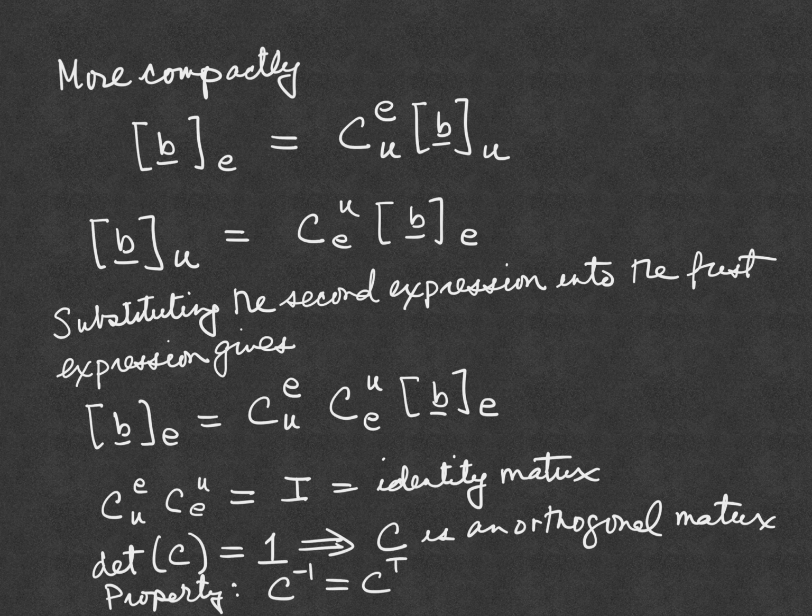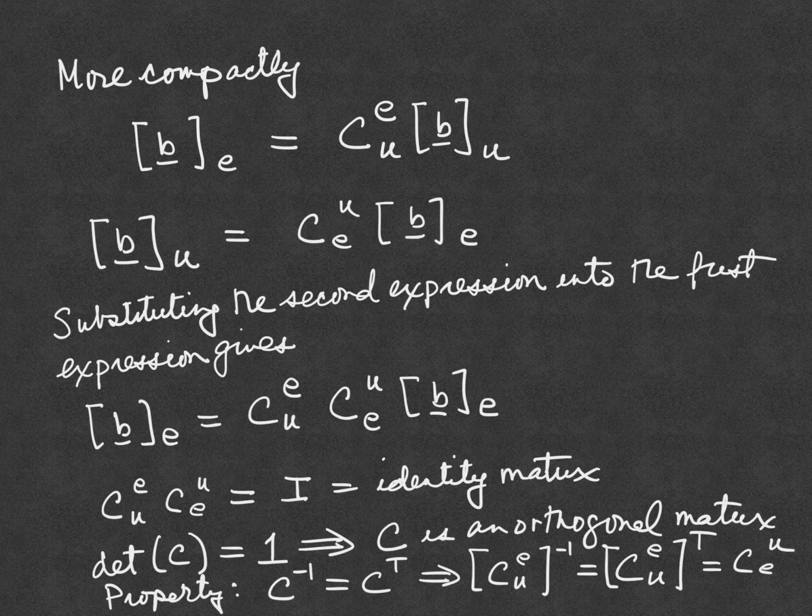So what that means is that the matrix C U to E, because it's the inverse of the matrix C E to U, they're actually transposes of one another. So this implies that C U to E inverse is equal to C U to E transpose, and that's equal to C E to U. So we have a much simpler construct than a general inverse.